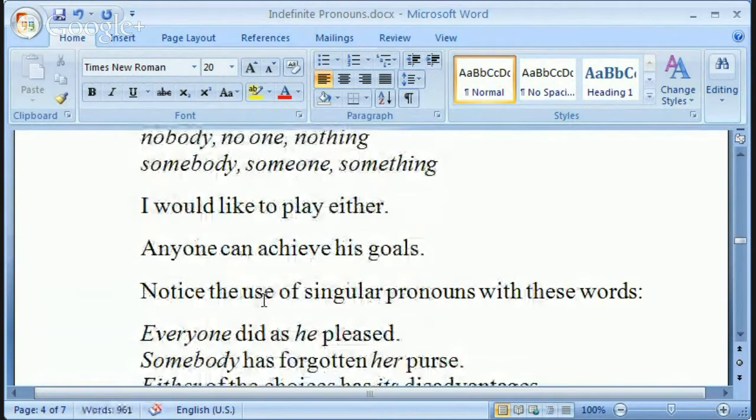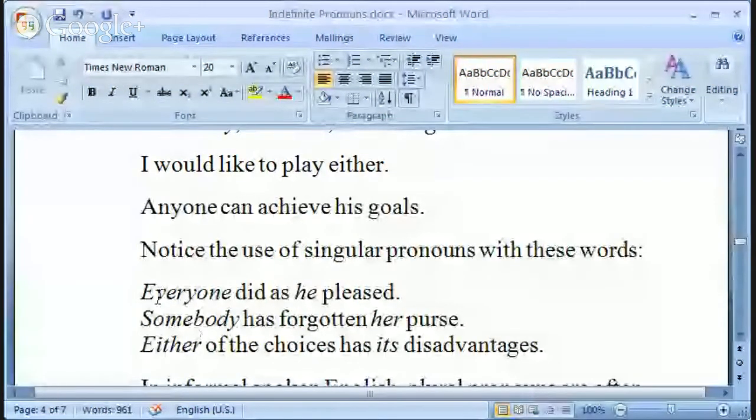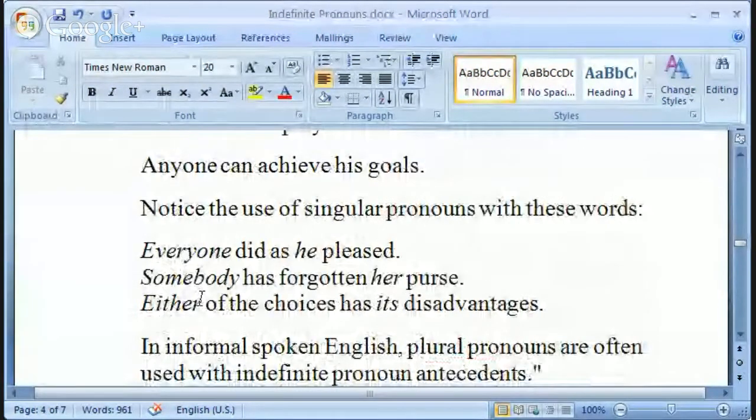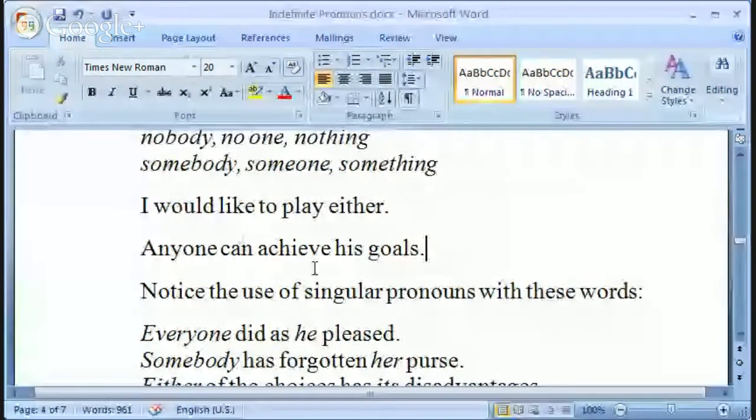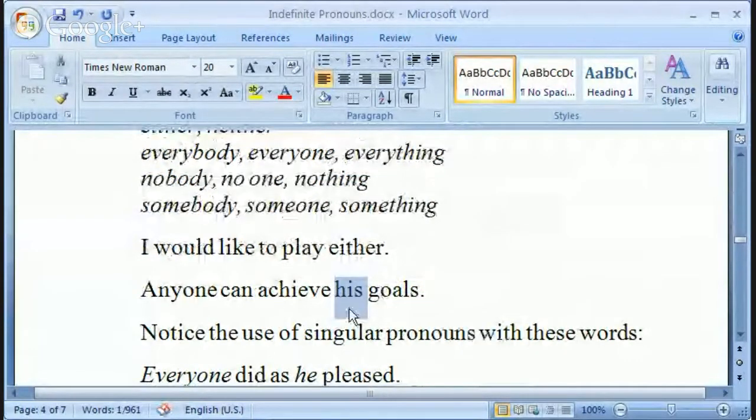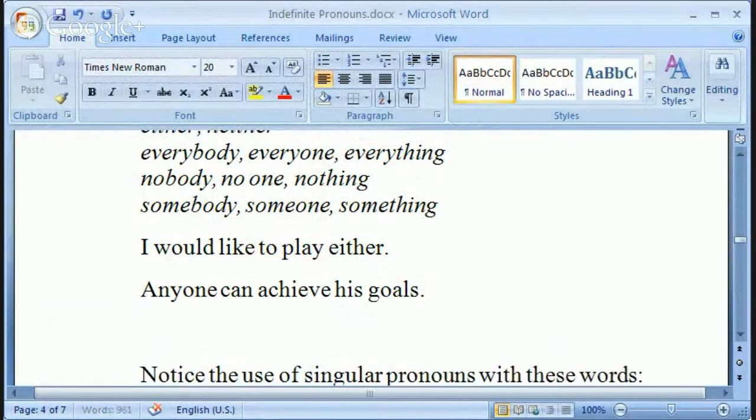Here, Asma has used this format in informal spoken English. Plural pronouns are often used with indefinite pronoun antecedents. Okay. Anyone can achieve his goals. Antecedents means simply after. Okay, that is a grammatically correct sentence.